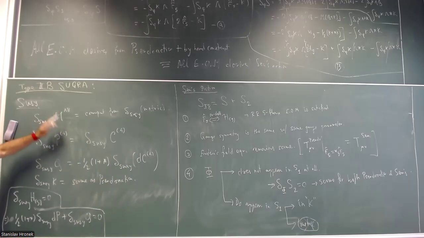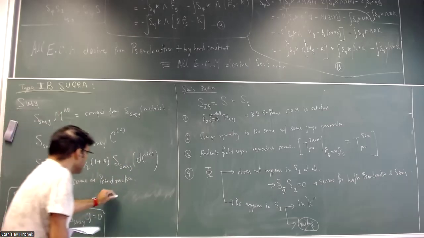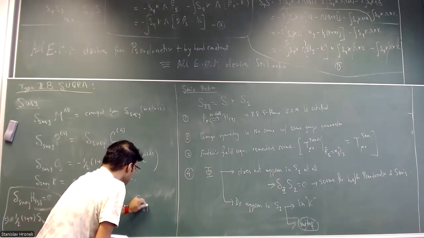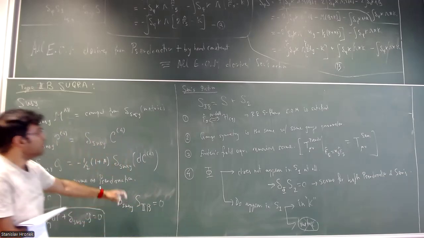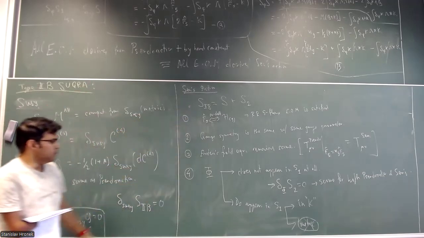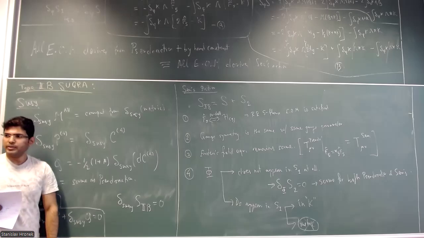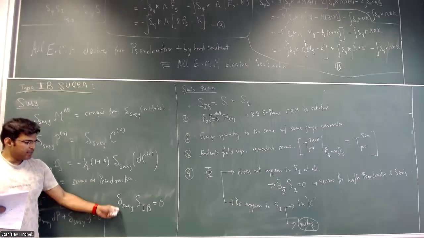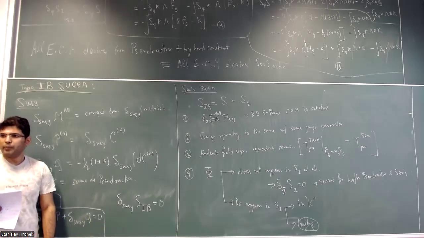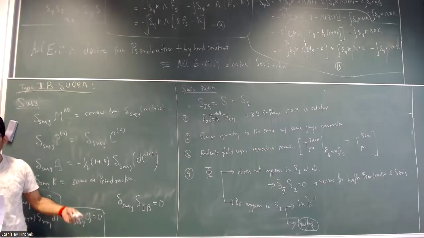And given these transformation properties, one can show that this type IIB action that we wrote down in the sen formulation is completely supersymmetric. This is a very long computation which doesn't necessarily give any insight, it's just a technical computation.